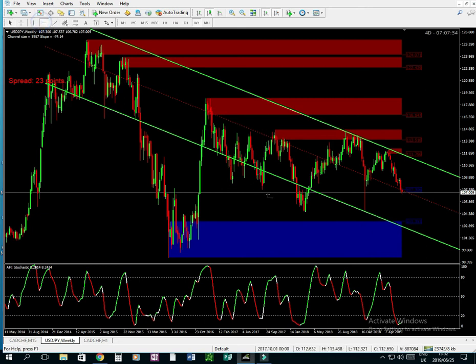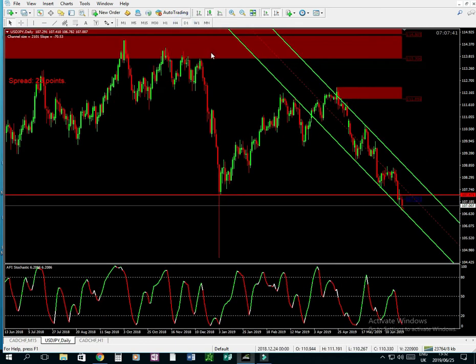So on the weekly chart, we can actually see that we are at a support, or we were at a support. The market broke, but it's fine, it's bound to happen. This can be a false break pattern. The market broke below the support level right here, so I'm actually looking to buy anytime soon.